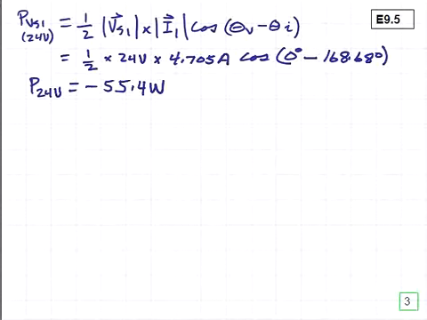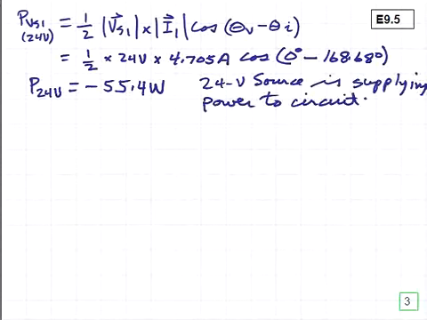The negative sign here indicates that the 24 volt source is supplying power to the circuit. That was the result of the phase angle for the current being 168 degrees, which is greater than 90 degrees, and that will produce, in the passive sign convention sense, a condition for supplying power.